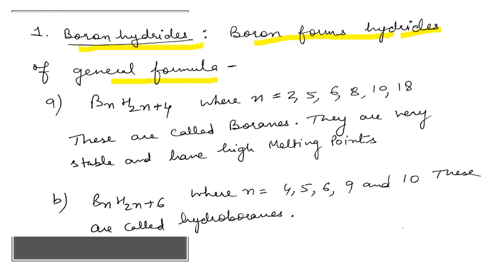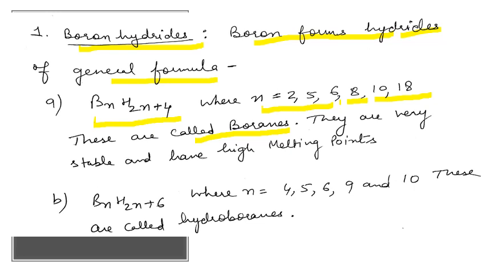The first formula is BnH2n+4, where n is equal to 2, 5, 6, 8, 10, 18. Here n is the number of atoms of boron, and n can be 2, 5, 6, 8, 10, 18. In this category, the compounds are specifically called boranes.